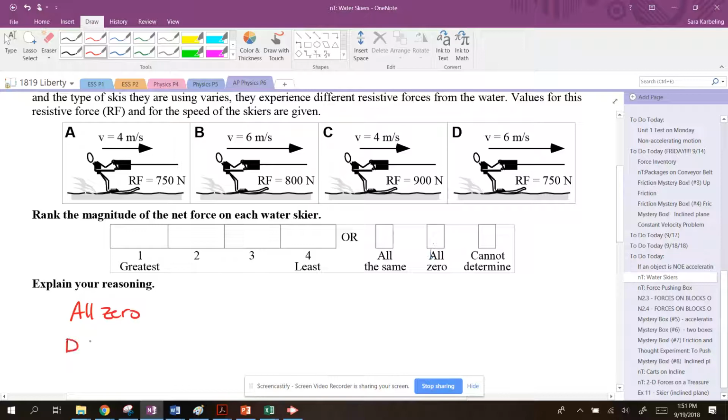I see D greater than B greater than A greater than C, DBCA, DBAC. Oh, wait. It's all 0. We find it? We get it? All right.